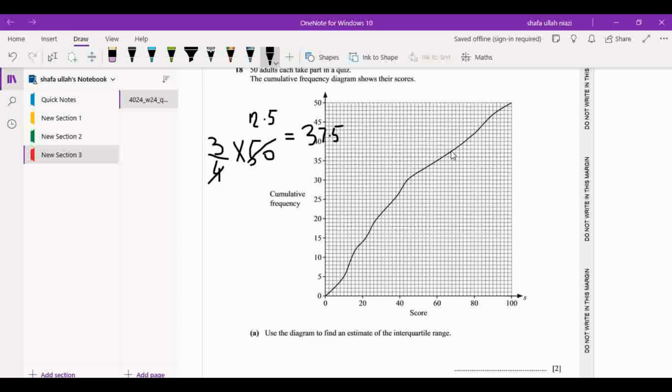This point is 37.5. So this point is here, right?